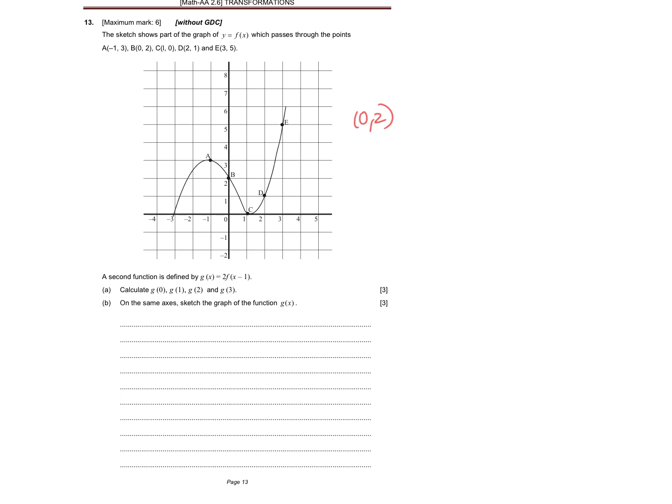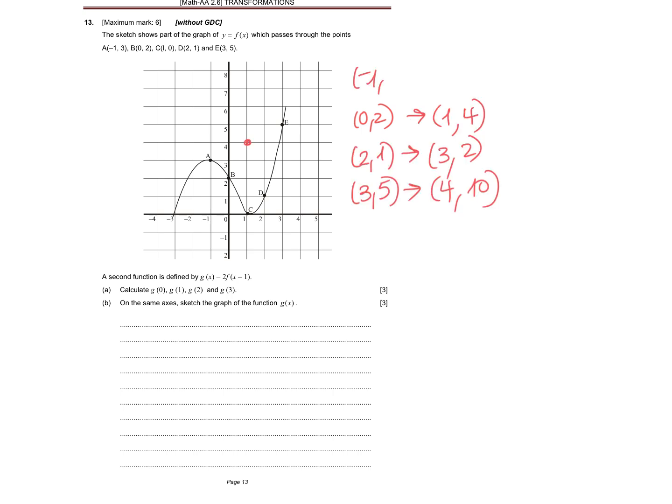Okay, so 0, 2 becomes 1, 4. A was negative 1, 3, so we're moving right 1 to 0, 6. And then negative 3-ish, okay, it's not perfect, but negative 3, 0 is going to be at negative 2, multiplied by 2 is 0.